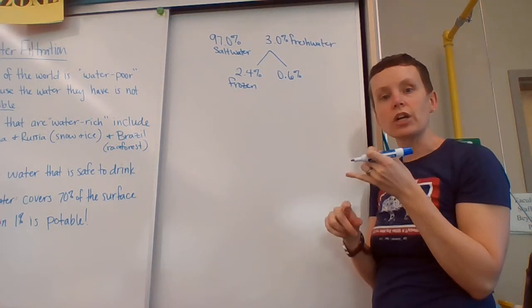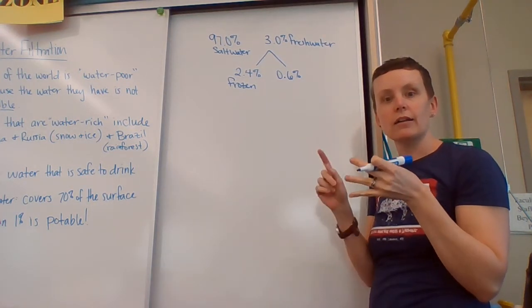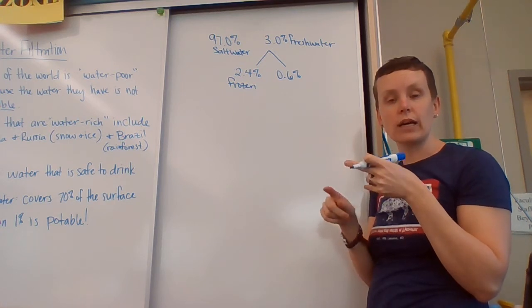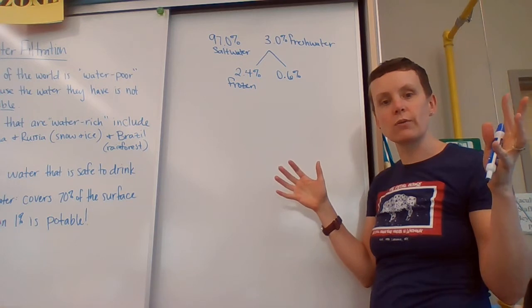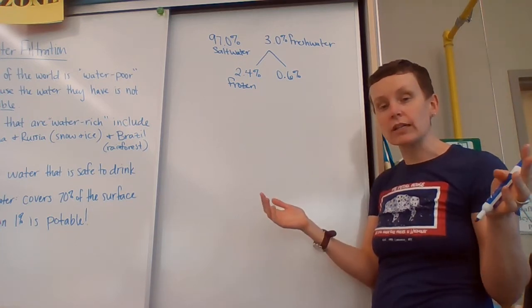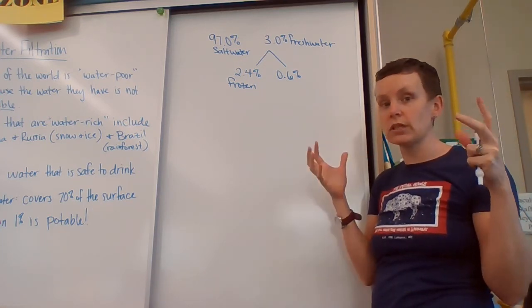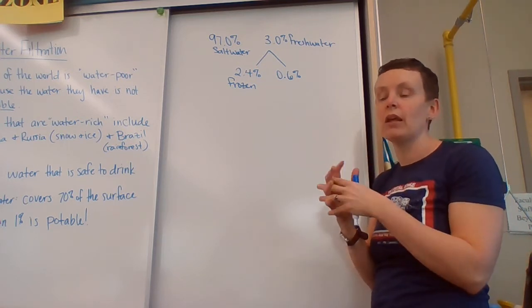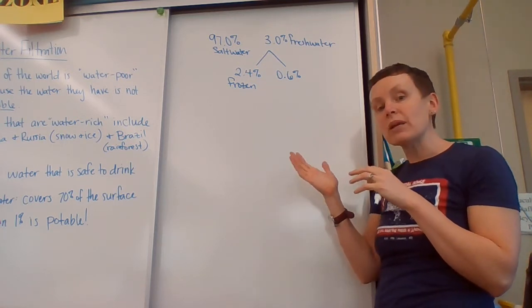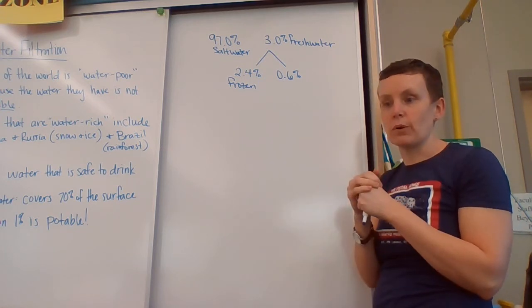Okay, so Russia, Canada, Greenland is covered with ice, Antarctica, okay, all of that frozen water. Not very accessible, okay? If it's frozen, we can do things to make it accessible, but it takes energy, it takes time, okay? So that piece, not super accessible.